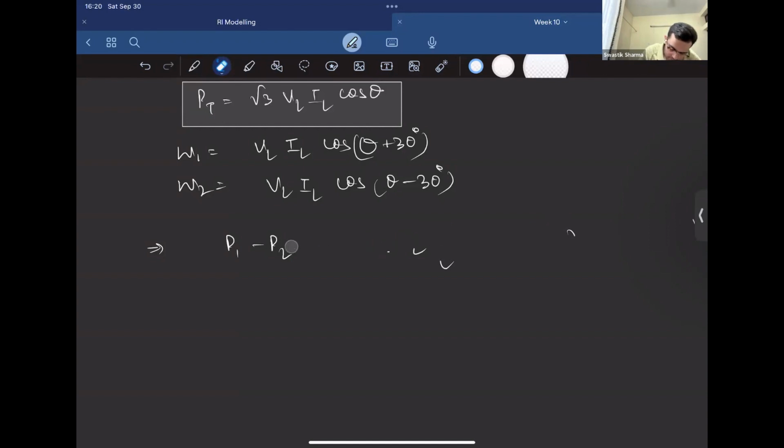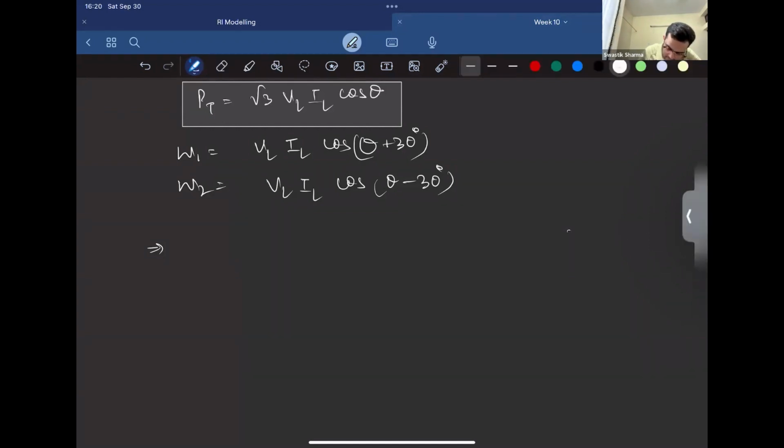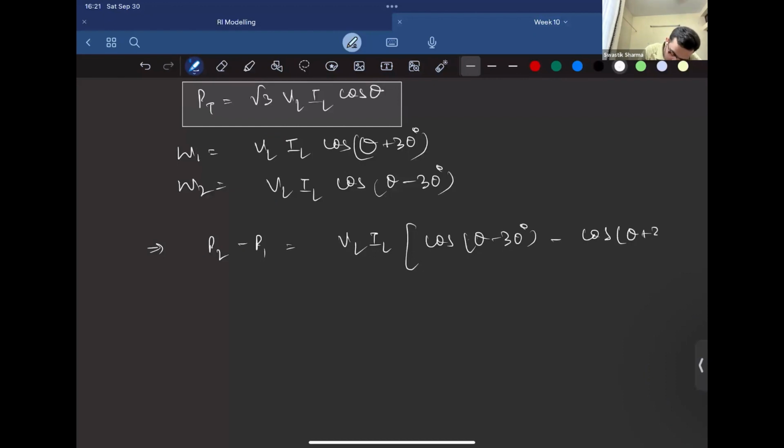Sorry, it should be P2 minus P1, otherwise the term will be negative. So that means it is VL IL [cos of theta minus 30 degrees minus cos of theta plus 30 degrees]. If you calculate it, it will come out to be sine theta.